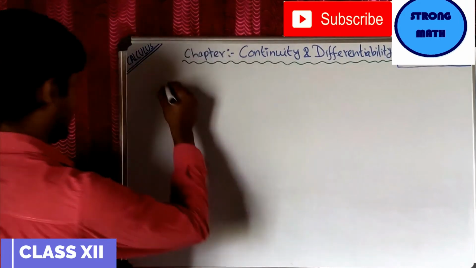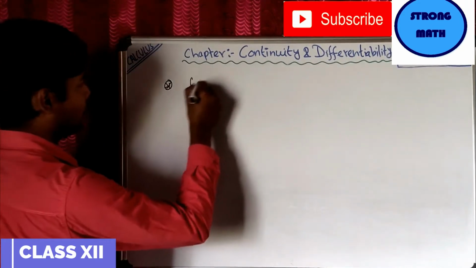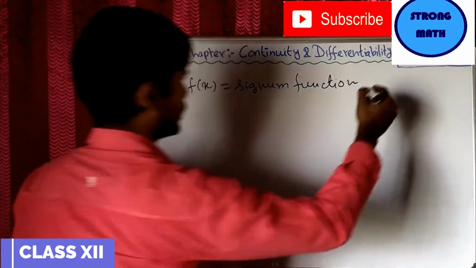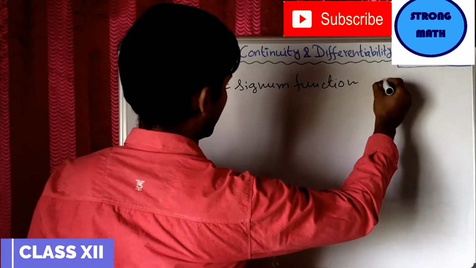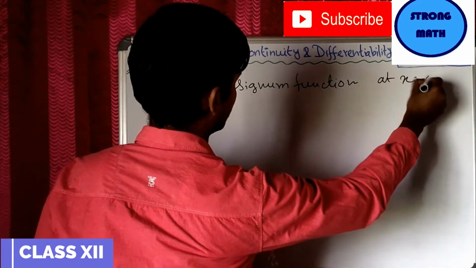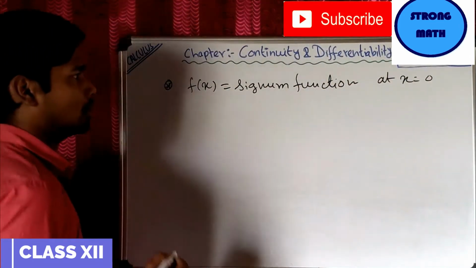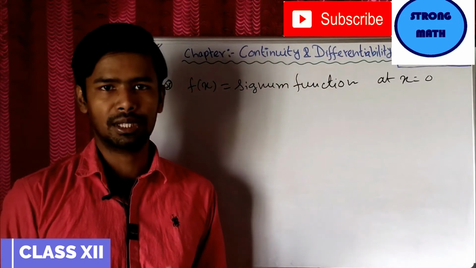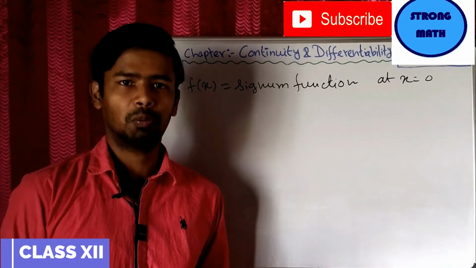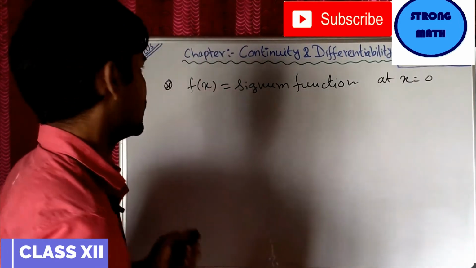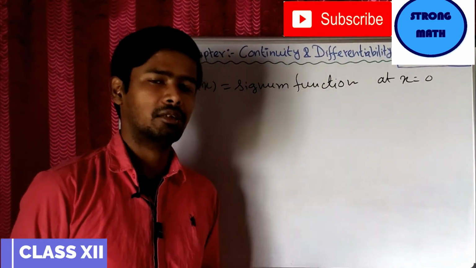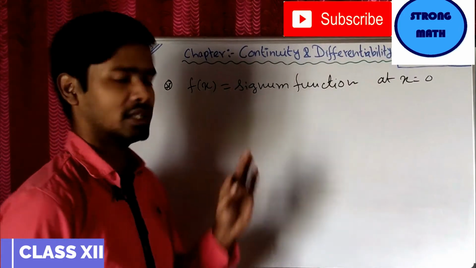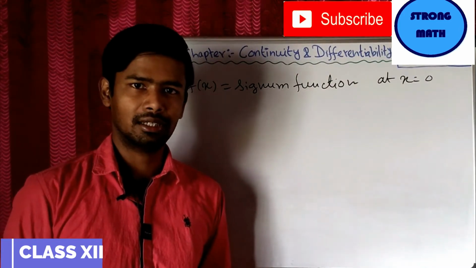Let's discuss another example. Suppose f of x equals the signum function and you have to check the continuity at x equals 0. Easily you can say that the function is discontinuous at x equals 0. Why? You know that the limit of the signum function does not exist.